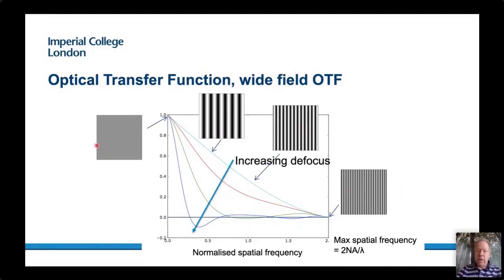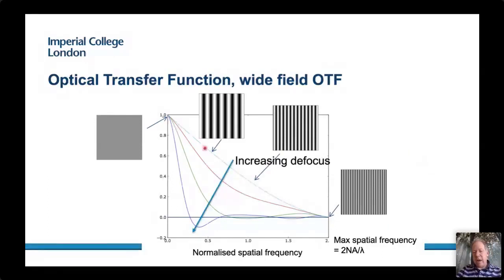At zero spatial frequency, we just have a plain image. Then as we go along the x-axis, we're increasing the spatial frequency, which means we're decreasing the pitch of that grid function, and in fact we're now looking at finer and finer details. So it's telling us how well we can see different feature sizes in our object. There are two interesting things here.